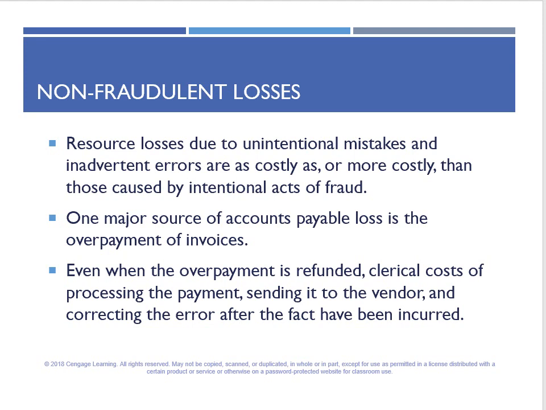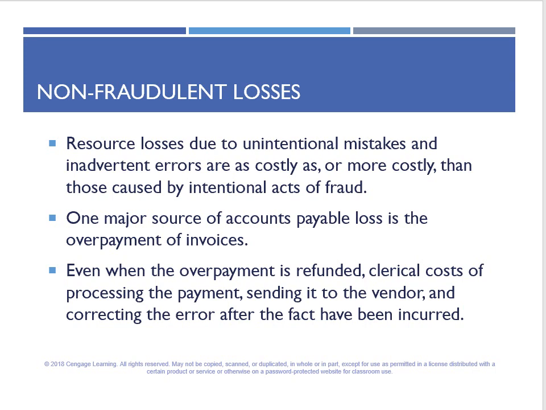Sometimes we have losses that are not fraudulent. So we may find discrepancies in payments, but they are not really fraudulent. They are just mistakes. People did not intentionally cause a mistake to happen, and that may cause discrepancies or errors in how we keep track of our cost and cash flow and so on.